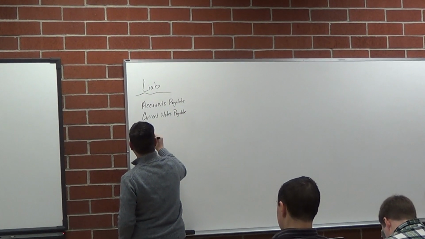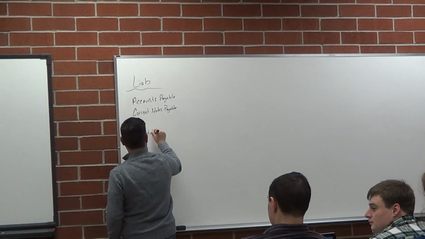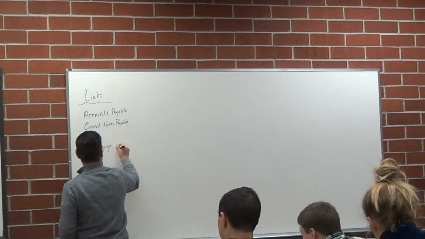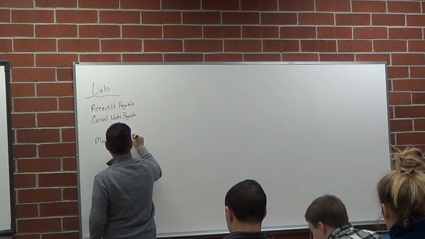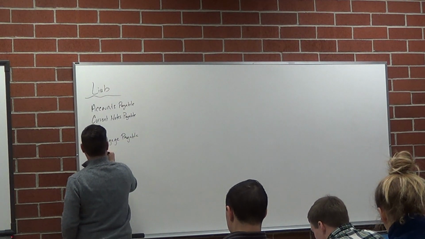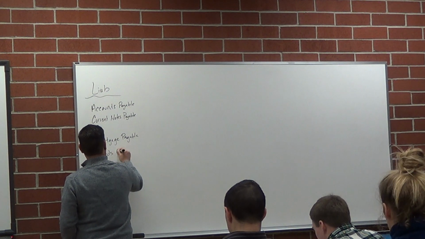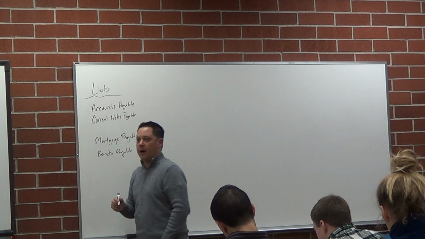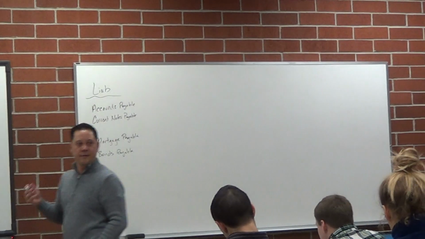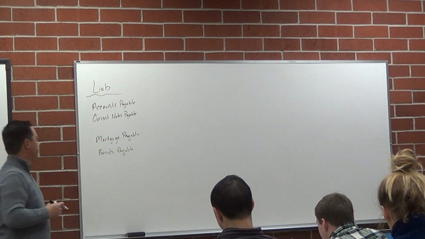And then you could have a mortgage payable, for a building or something like that. You could also have bonds payable. These are all longer term. Just like if you had a mortgage payable on your own house, you're going to have a longer term than that, 15, 30 years, something like that.